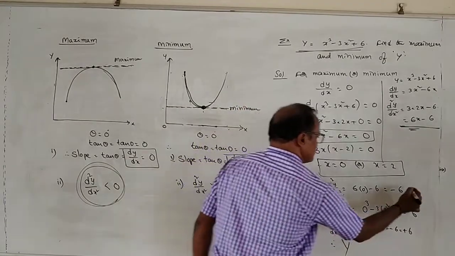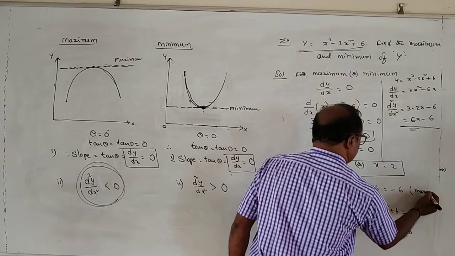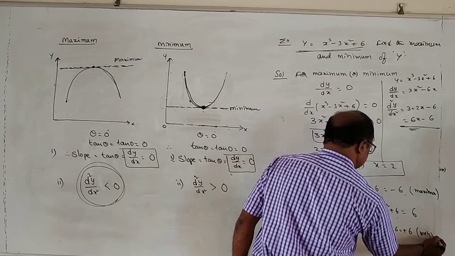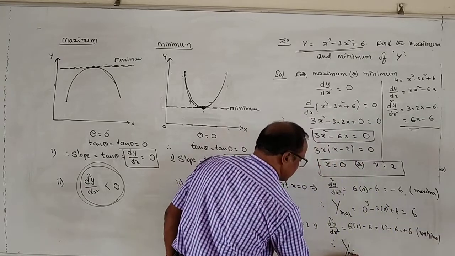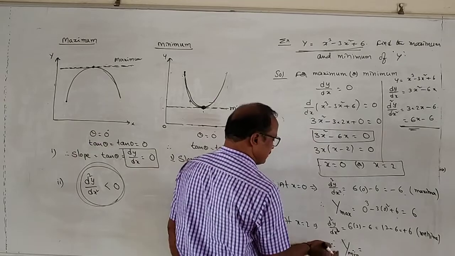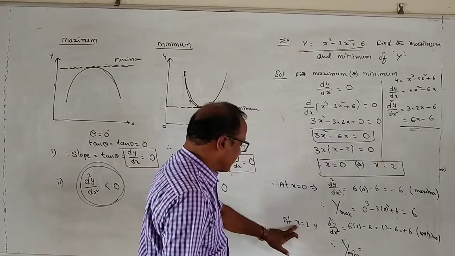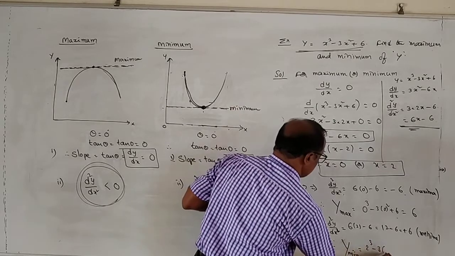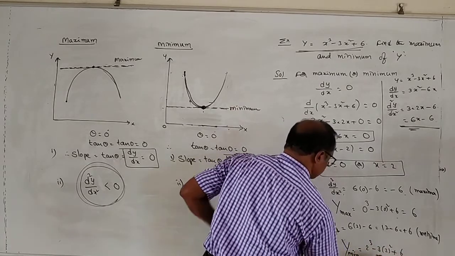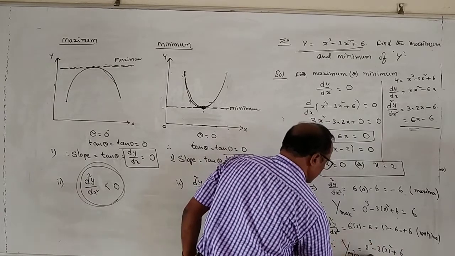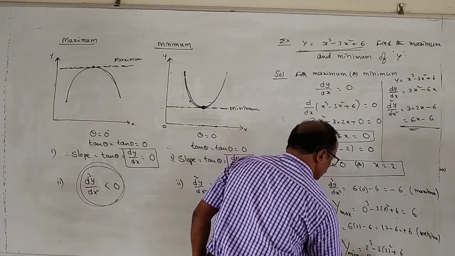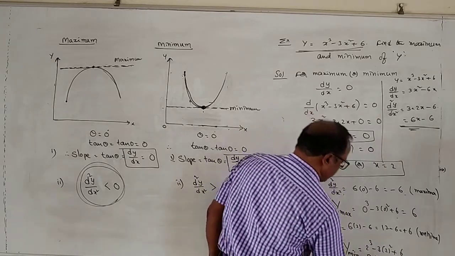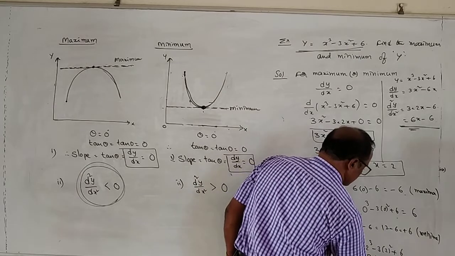Therefore, this is the condition for maxima and this is the condition for minima. Y minimum is equal to, substituting x as 2 in y, 2 cube minus 3 into 2 square plus 6, that is 8 minus 12 plus 6, which is 2. This is the value of y minimum.